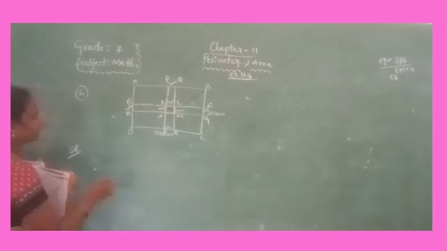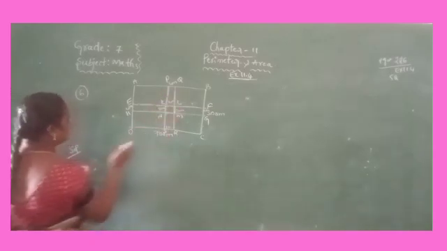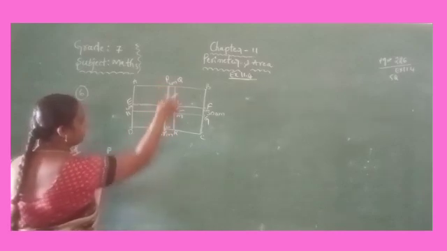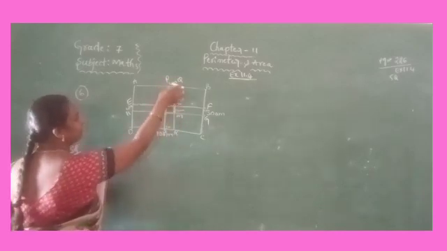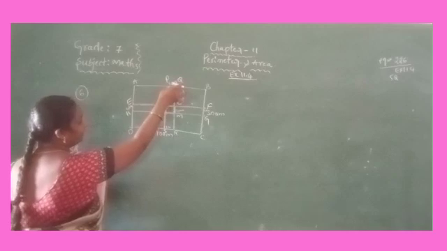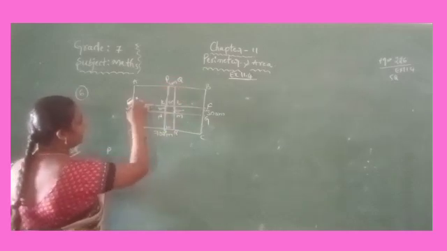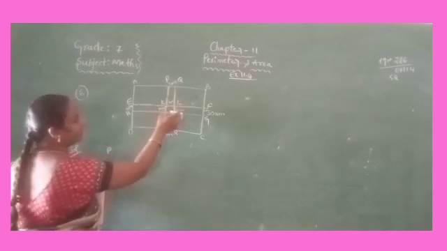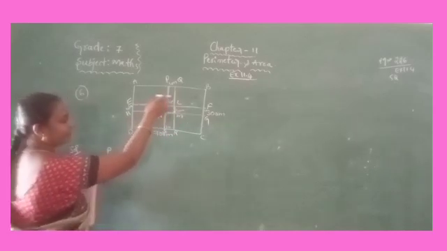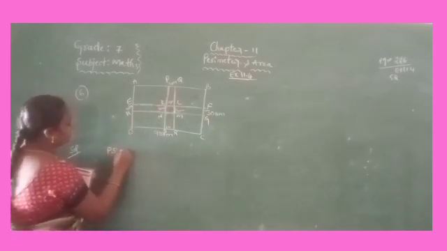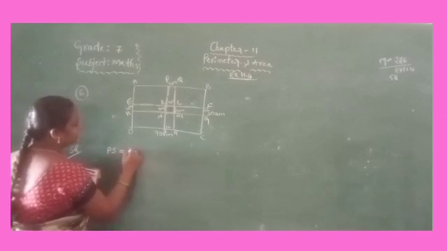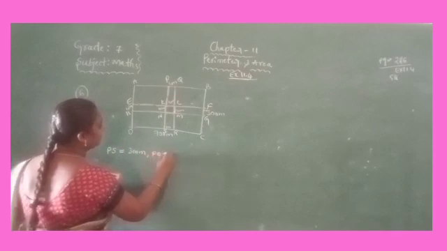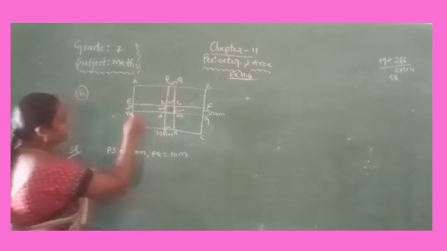Okay, now first the given values. Now I am finding the area of PQRS, the area of EFGH, and the area of KLMN. For that I am writing the given values: the length PS is 300 meters and the width PQ is 10 meters.